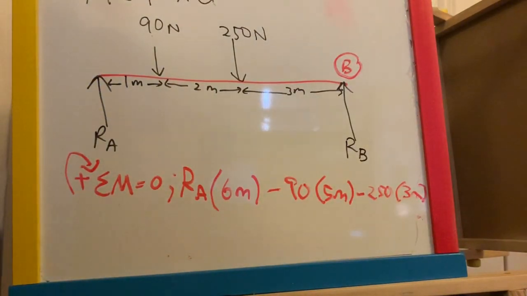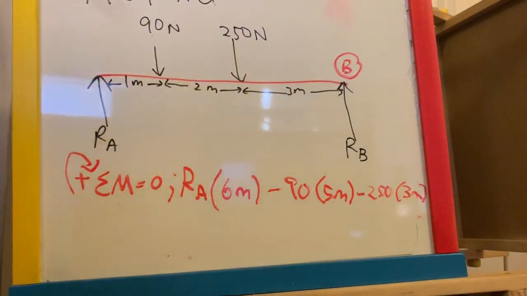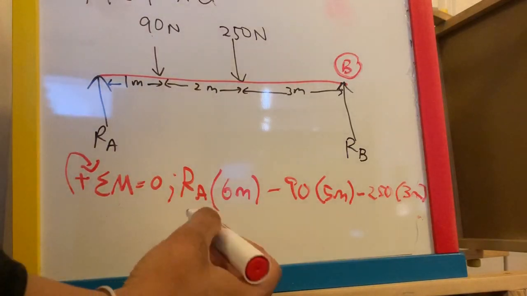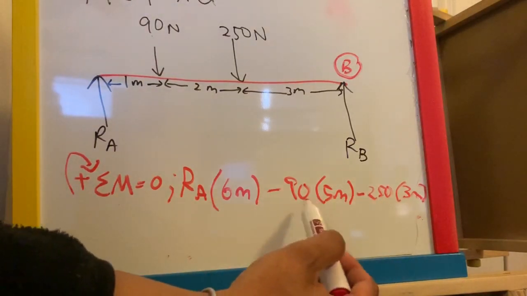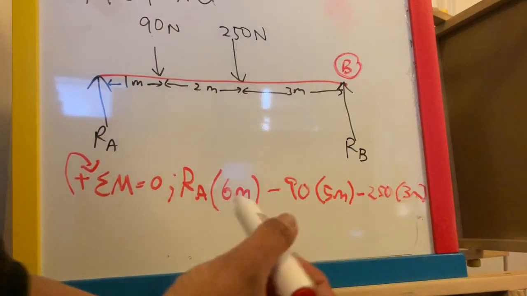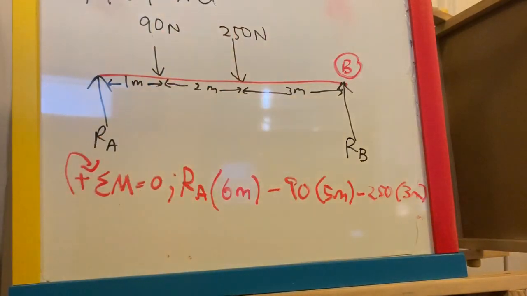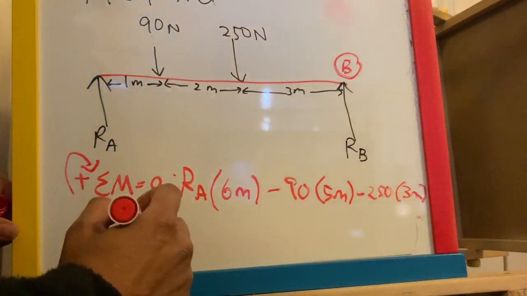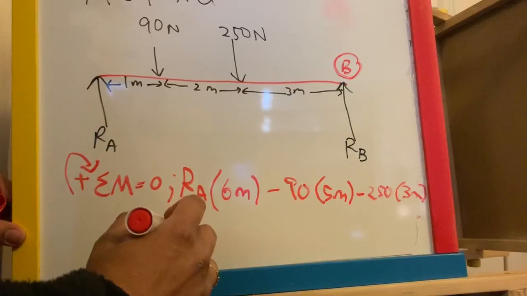Okay, so all these have to be equivalent to 0, so you multiply them with each other, and then you simplify them. By simplifying it, you will get the value for RA.